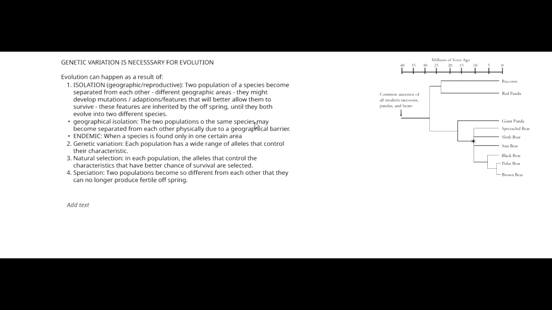Because of isolation and genetic variation, we can see natural selection. Natural selection is when the allele that offers the best chance of survival will be selected and inherited from parent to offspring.